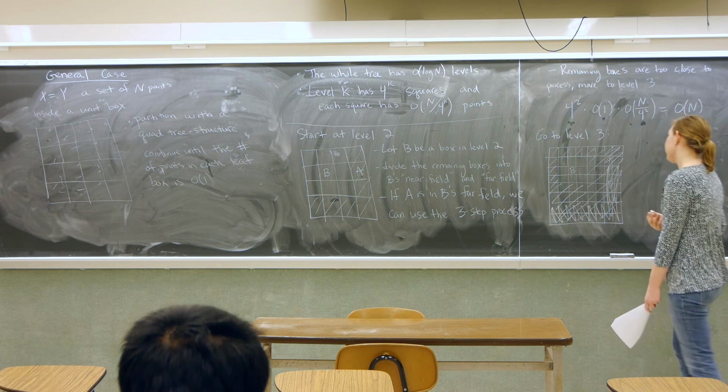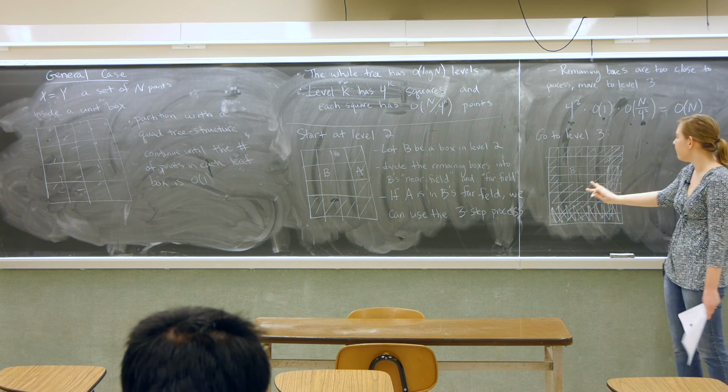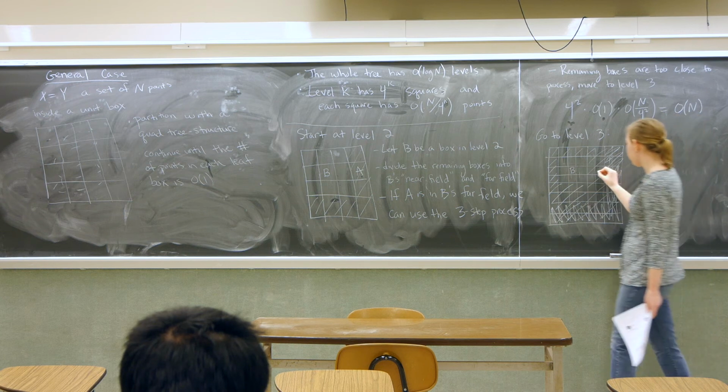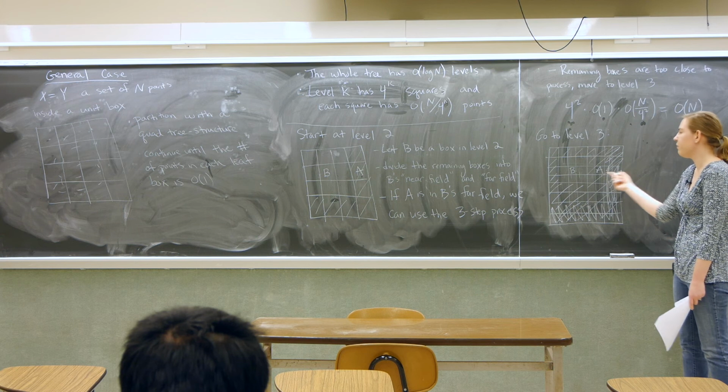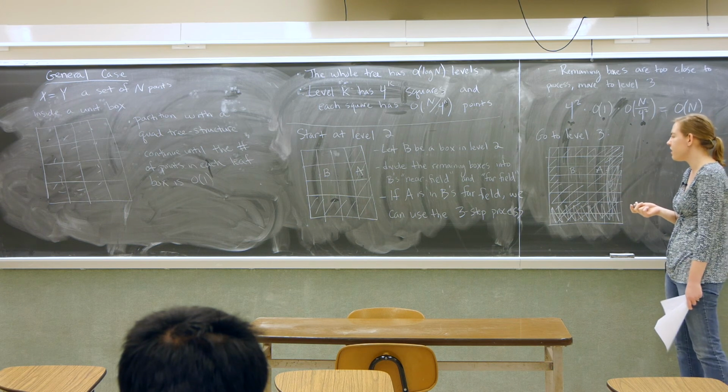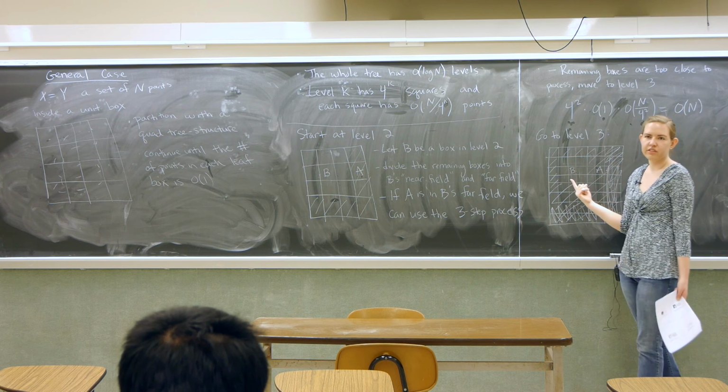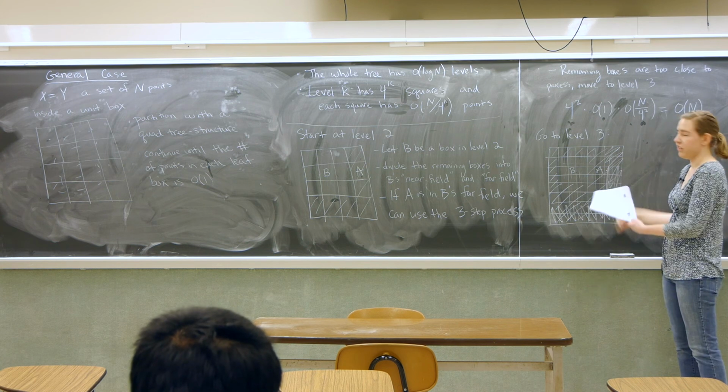That's pretty hard to see, but oh well. Again, any box A in the remaining pieces of B's far field, we can compute using the 3-step process, but these ones are too close to process, so we have to move down to another level.